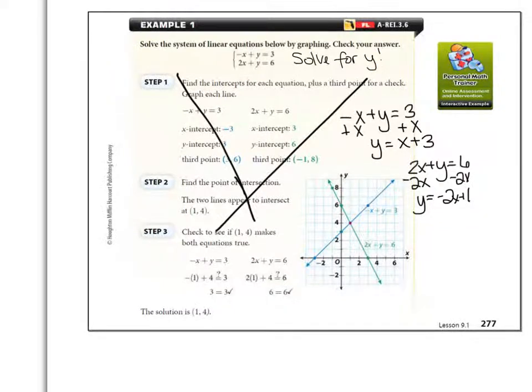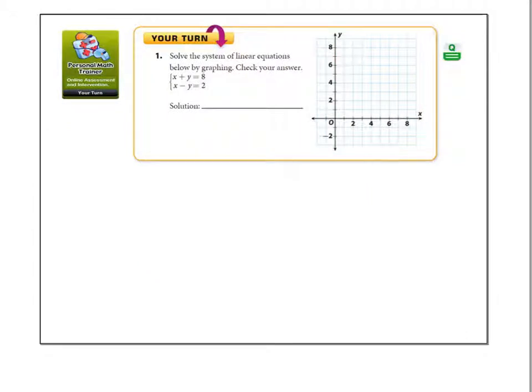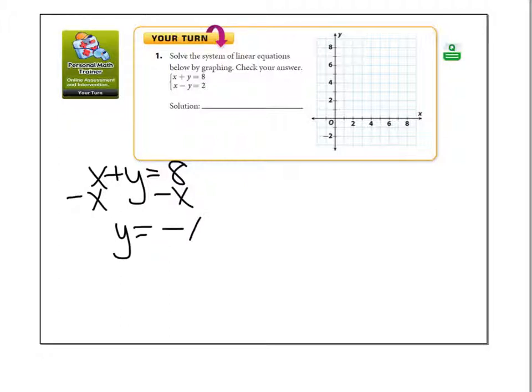So let's practice one completely together. So we have x plus y equals 8 and x minus y equals 2. So we're going to take each equation and solve it for y. So the first one, we would subtract x. So I have y is equal to negative x plus 8.